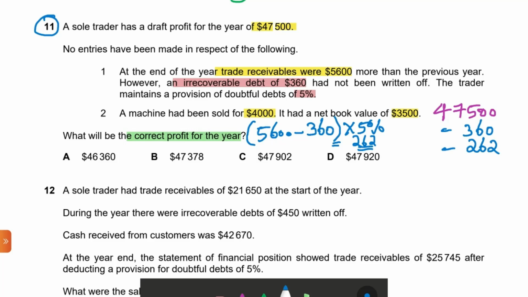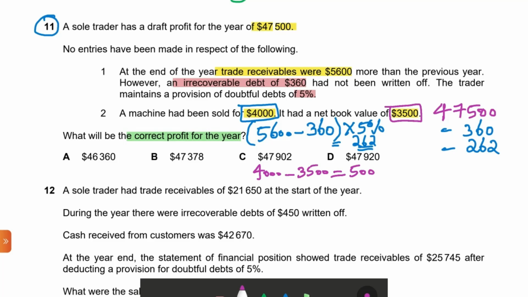We have to deduct. Next, a machine had been sold for 4,000. Actual net book value is 3,500 only. So 4,000 minus 3,500, 500 is the profit on sales. We will enter it on the income side.